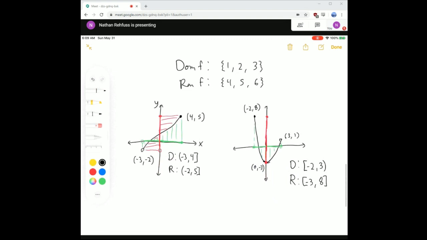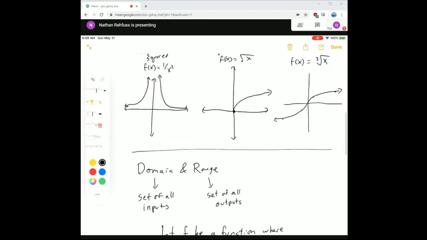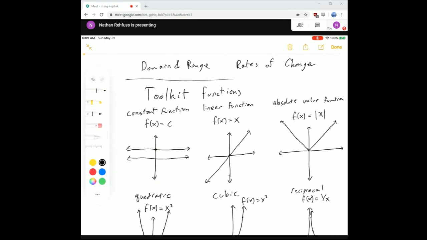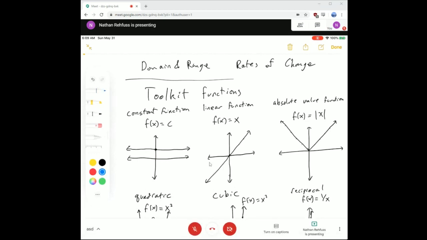So the next thing I want to do is look at the toolkit functions and decide on the domain and range for each of these. Let's start with the identity function. We're going to go a little bit out of order. If there is no restriction, I can plug any number into this.